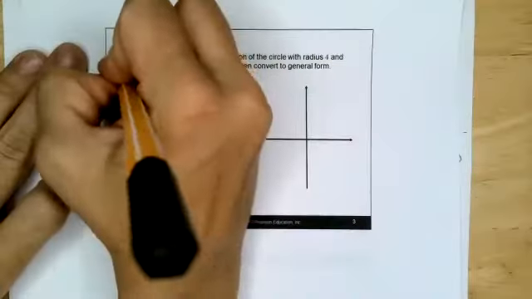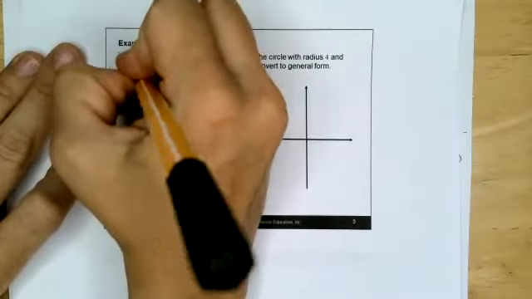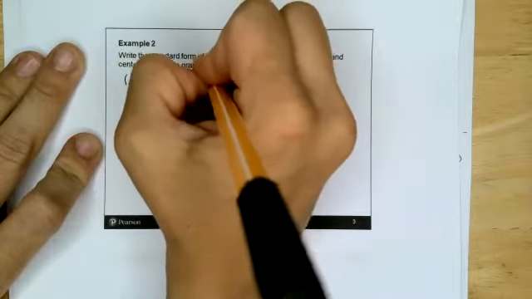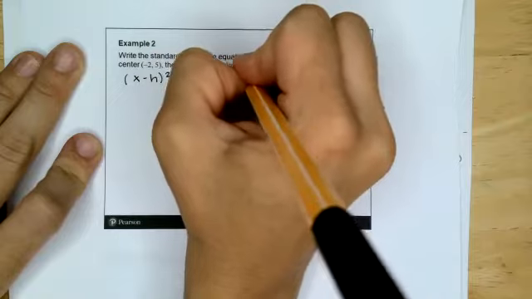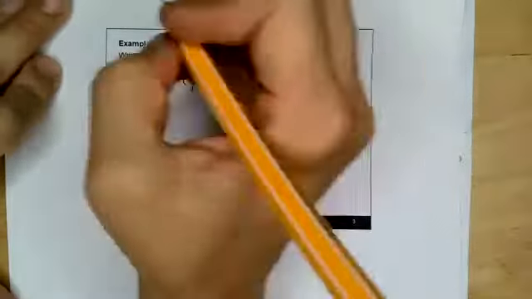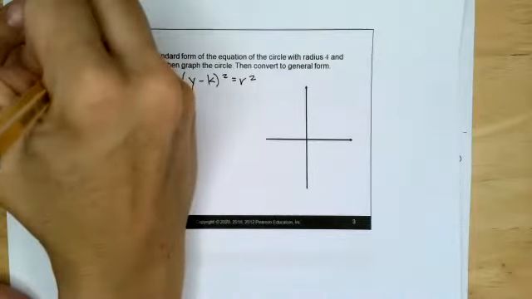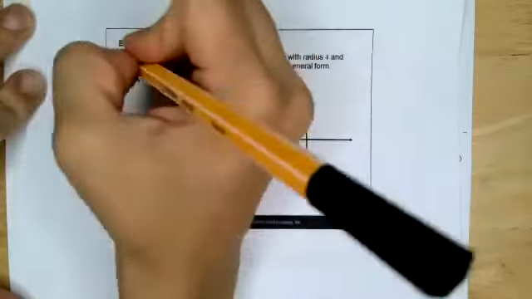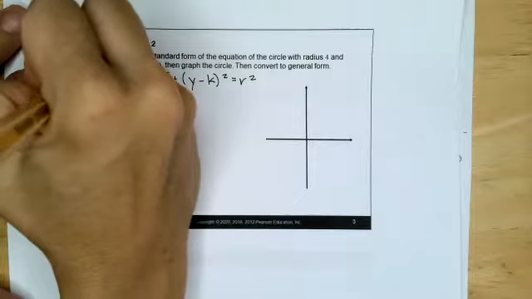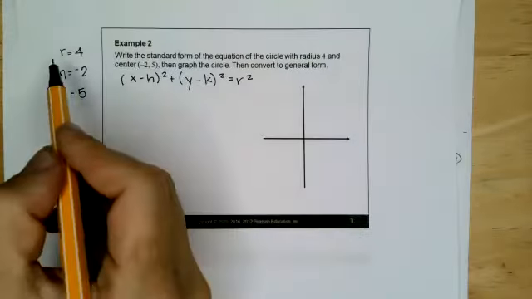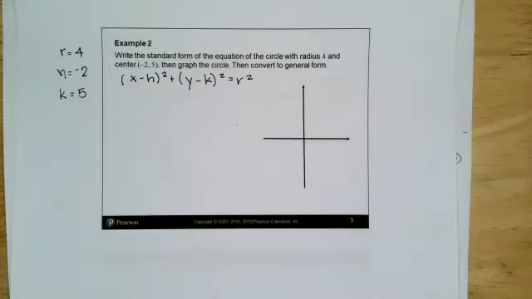Remember, standard form is quantity x minus h squared plus y minus k squared equals r squared. What do we know? We know that r is 4. H is our x, so h is -2, k is 5. I wanted to call h just x because it's so much easier, but it's h.